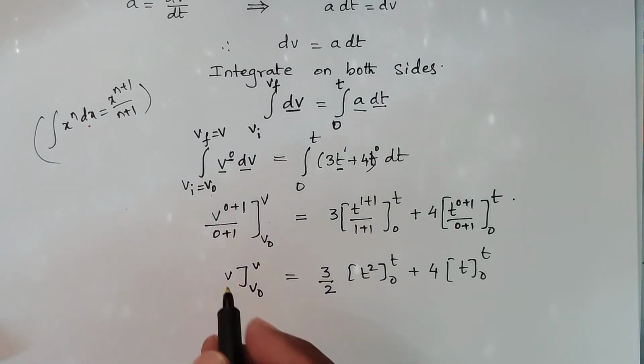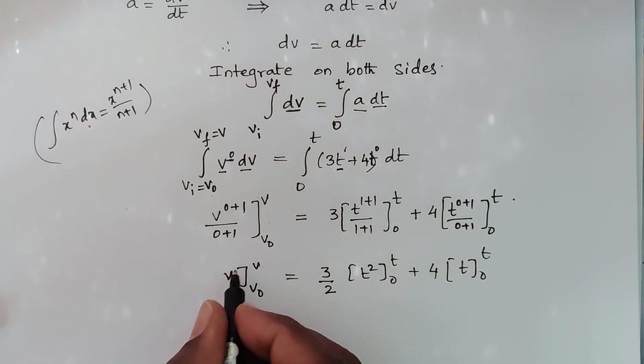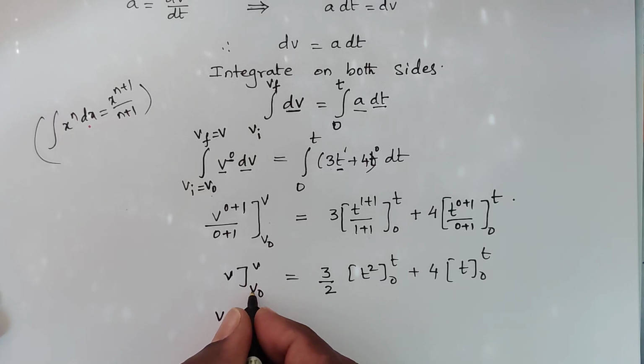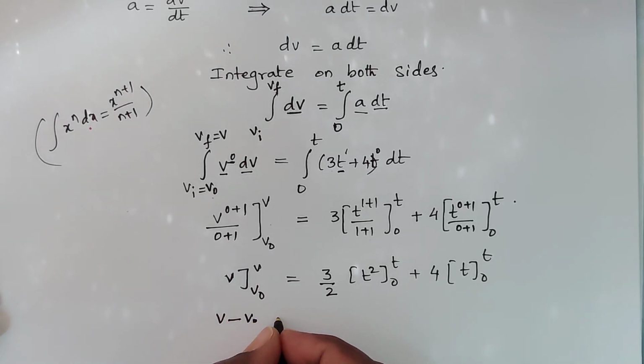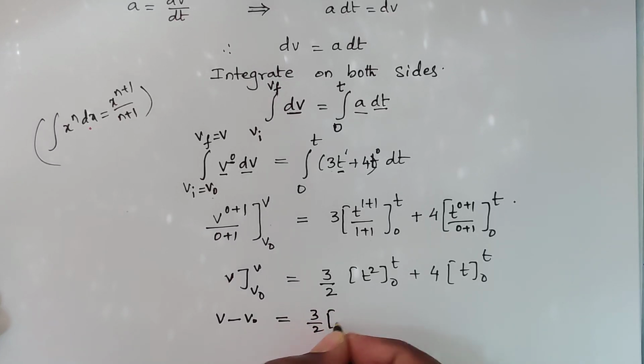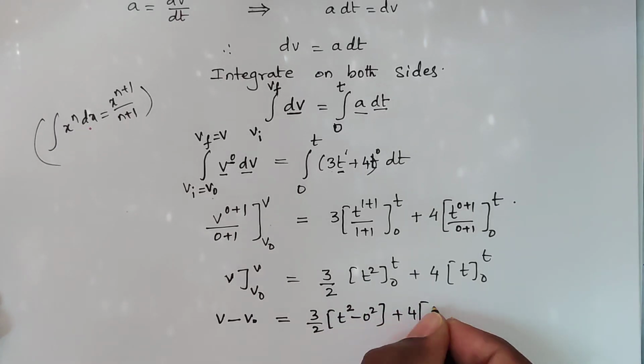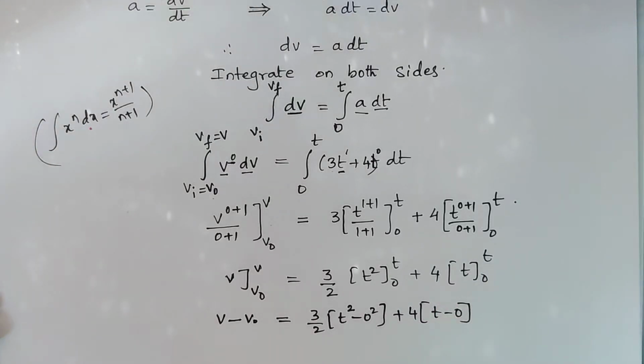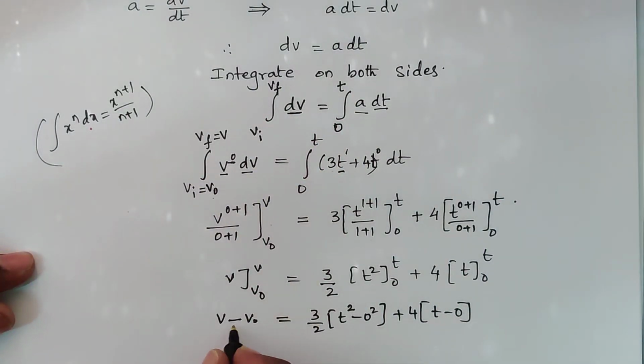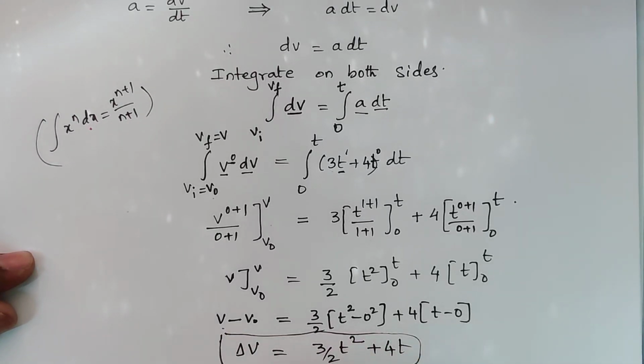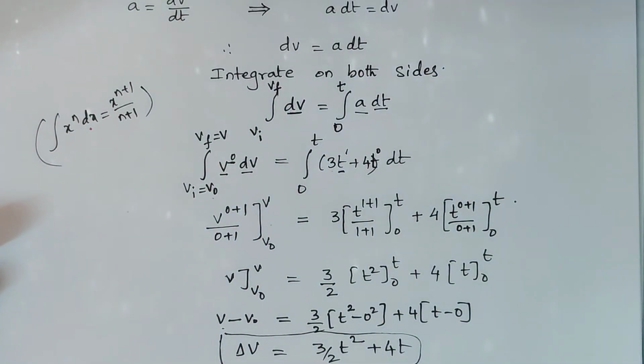And now the final answer is, wherever v is there, substitute upper limit v minus substitute lower limit v0, is equal to 3 by 2. Substitute upper limit wherever t is there. Upper limit is t again, t square minus 0 square plus 4 into t minus 0. Upper limit minus lower limit. So final answer is change in velocity. V minus v0 is nothing but change in velocity equal to 3 by 2 t square plus 4t. This is the answer. Okay.